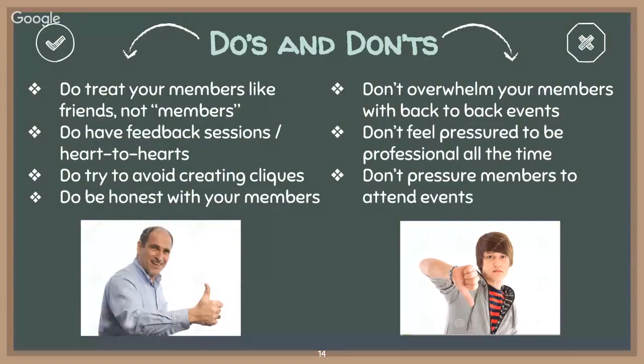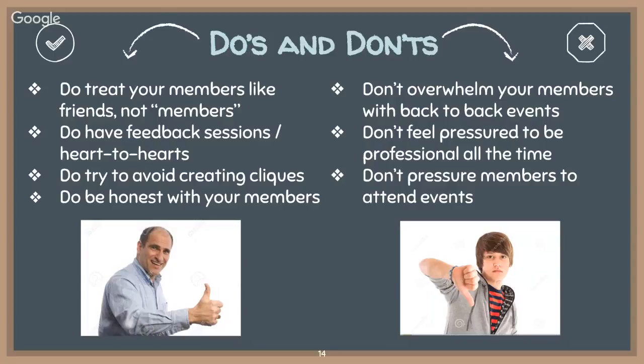So try everything you can to avoid cliques from forming. A few things that could possibly help are a family system. If you don't have that, changing it up every year can help break those friend groups and form new ones in the club.